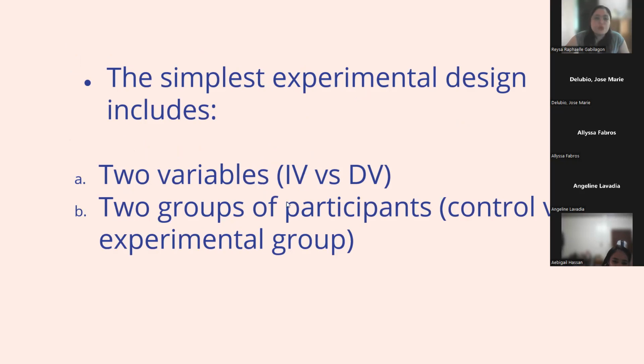And at least two groups of participants. We have the experimental group. The experimental group, class, will receive the proposed intervention. So it might be a substance that you are discovering or a substance from the plant material. Okay? That's the experimental group.